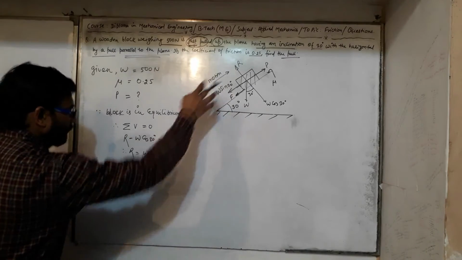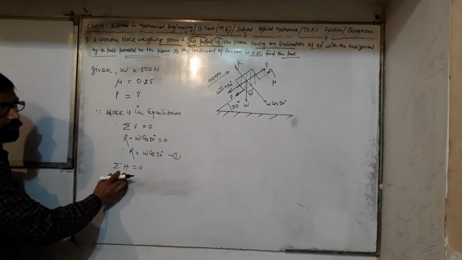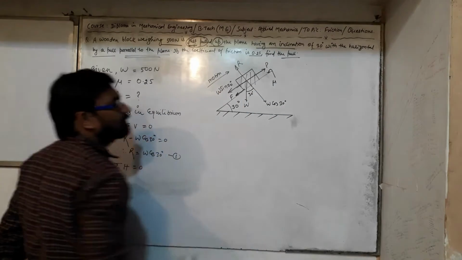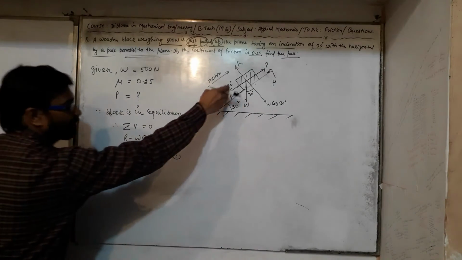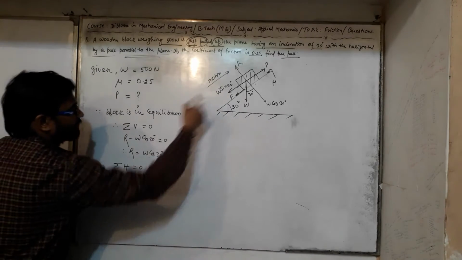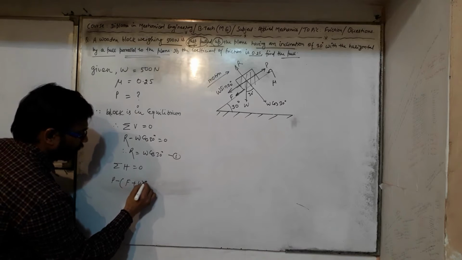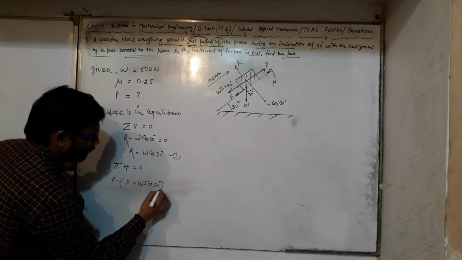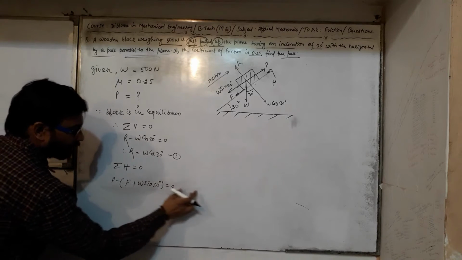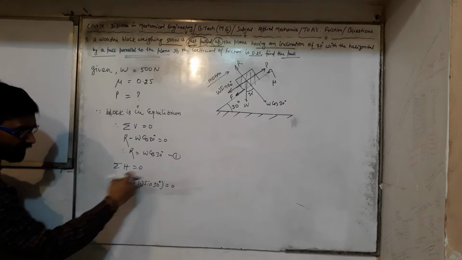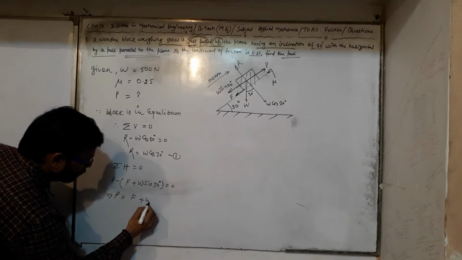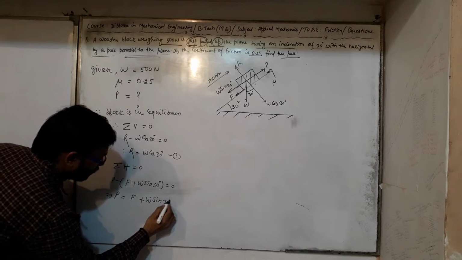While taking the summation of all horizontal forces equal to 0, I consider P positive, and W sin theta and F negative. So P minus (F plus W sin 30 degree) equals 0. Transposing this term to the right hand side, it becomes positive. So P equals F plus W sin 30 degree.